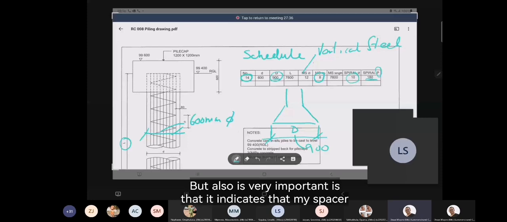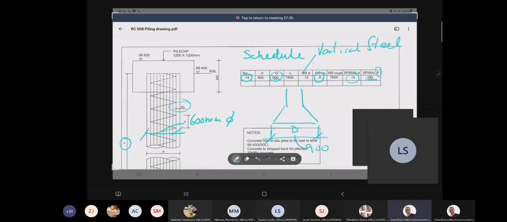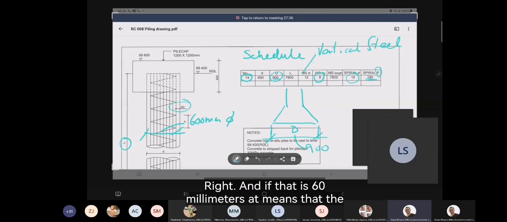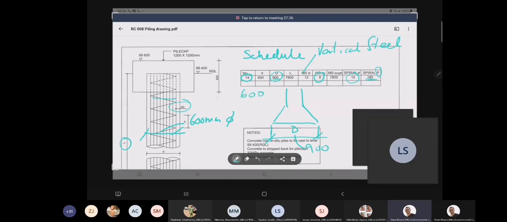What is also very important is that it indicates that the space between my rebar and the side of my excavation is 60 millimeters. If that is 60 millimeters, it means the internal diameter would be 600 minus 2 by 60, which is 120, and that leaves me with a diameter of 480 for my rebar.